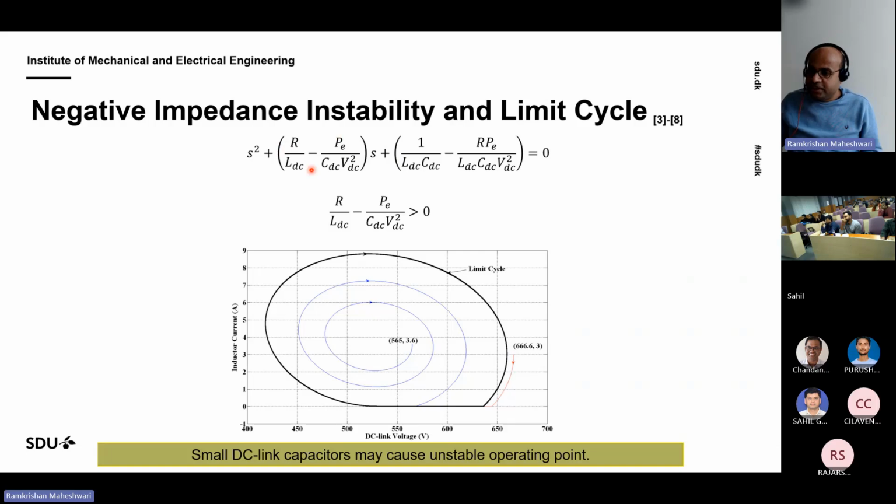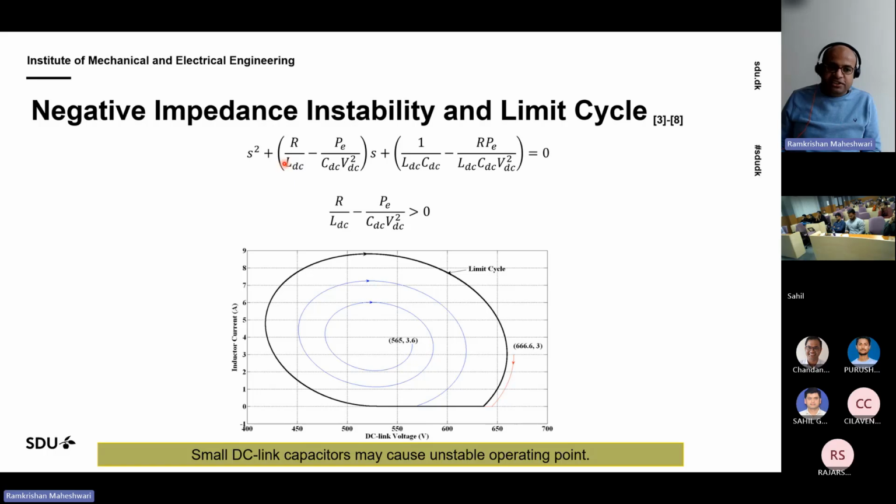But in this case, this coefficient can become negative if this term is higher than R by L. And this can happen if I have a small DC-link capacitor, a large power, or a large value of inductor.